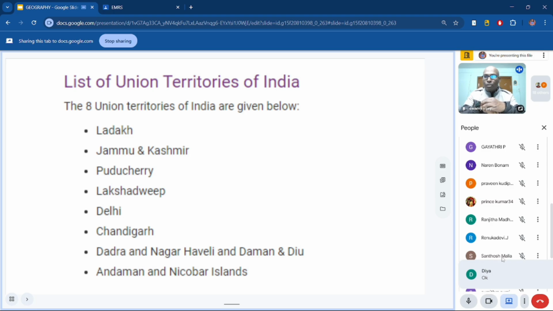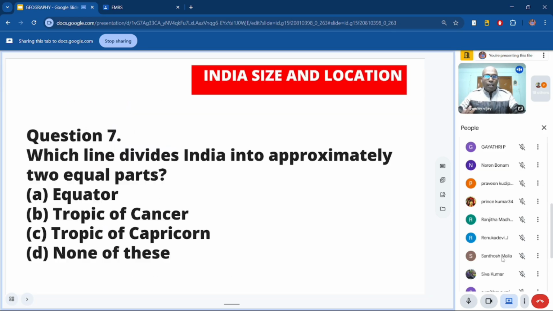Okay, let us go to the list of union territories of India. 8 union territories are there: Ladakh, Jammu and Kashmir, Puducherry, Lakshadweep, Delhi, Chandigarh, Dadra and Nagar Haveli and Daman and Diu, Andaman and Nicobar Islands. So 8 union territories are there.